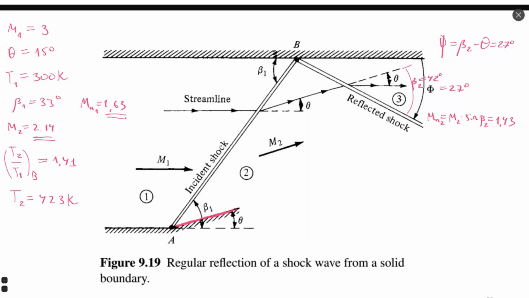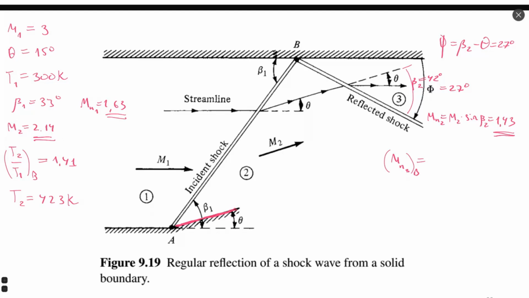Now I search for this 1.43 in appendix B, and I will find my MN3 from this appendix B. Okay, is there some 1.43? There is 1.44 and 1.42. I will take the middle.